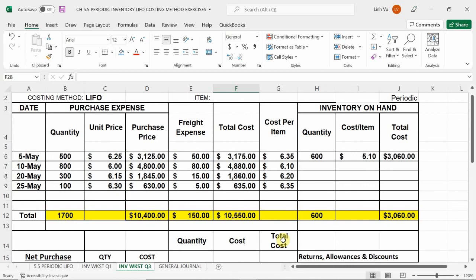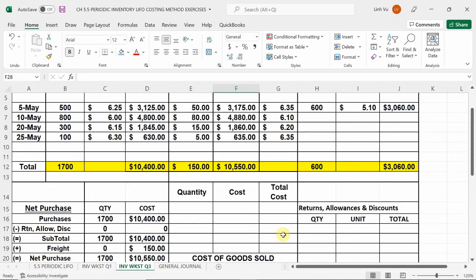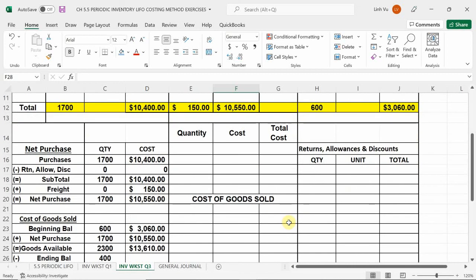If I know for a fact that when I sell out my goods using LIFO, I'm going to get rid of all of the batches I purchased most recently, then I should be left over with whatever the oldest inventory batch was. That is another way that you can solve for it, and if you solve it that way, you can get the answer quickly as well.